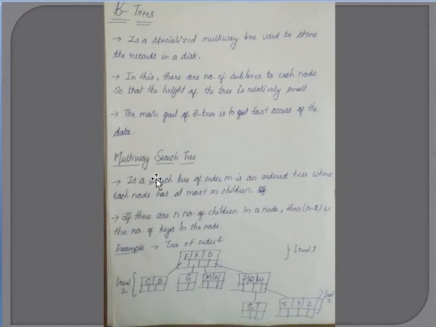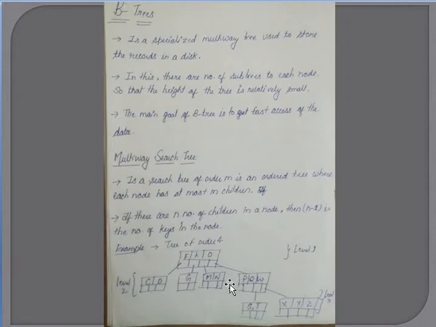A multi-way search tree of order M is an ordered tree where each node has at most m children. If there are n children in a node, then n minus 1 is the number of keys in the node.